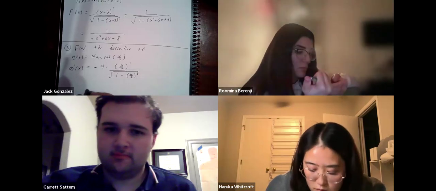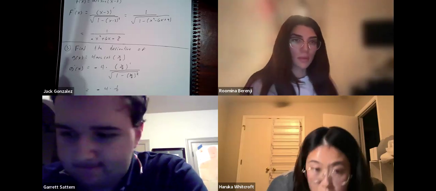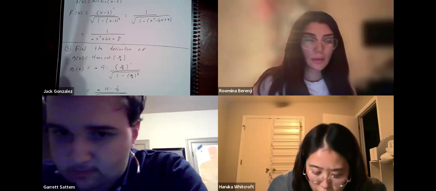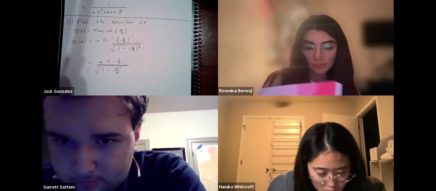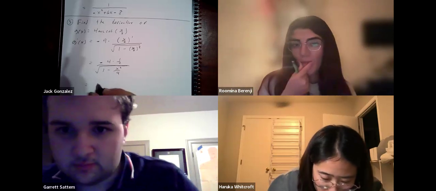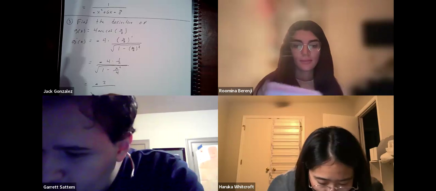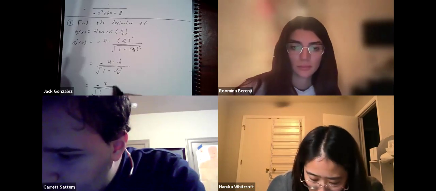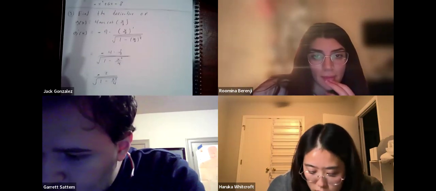So this becomes negative 4 times a half over 1 minus x squared over 4, which is negative 2 over... Yeah, I guess we could combine these, but we'll stop here.